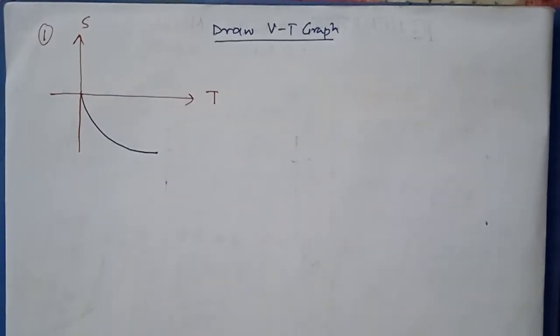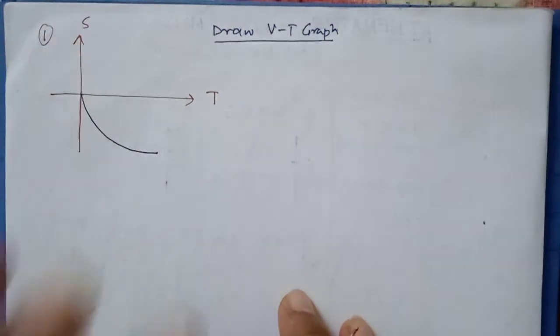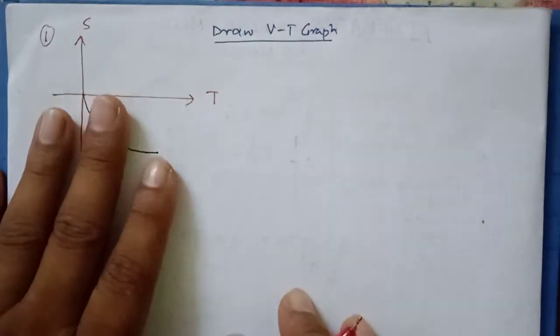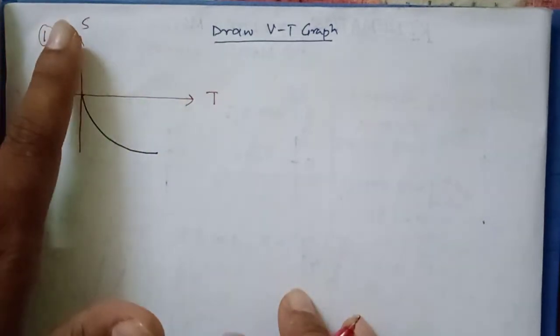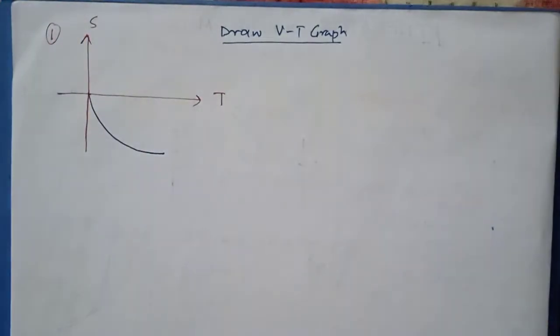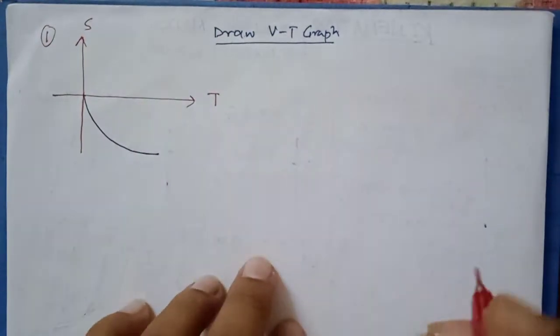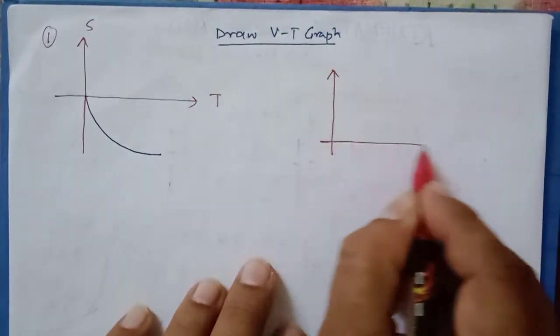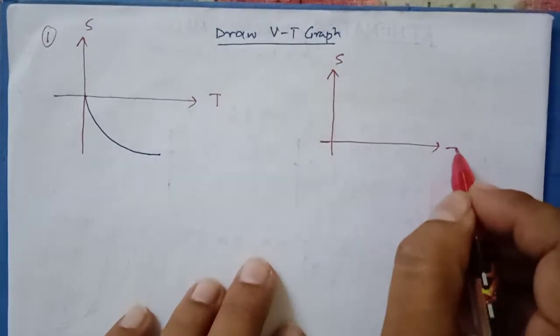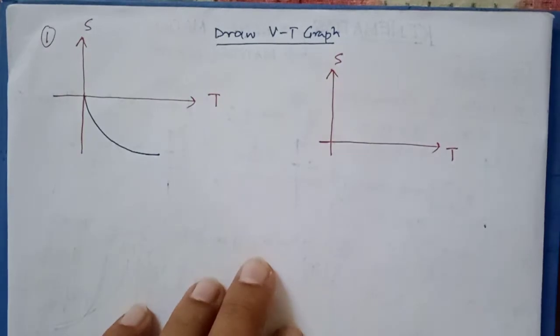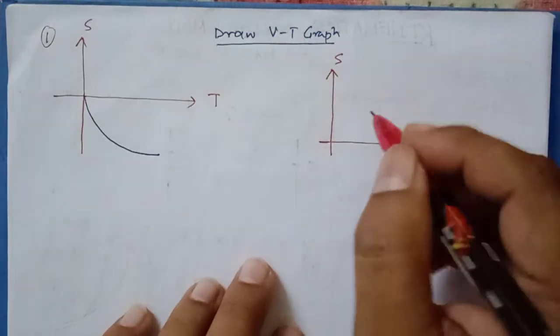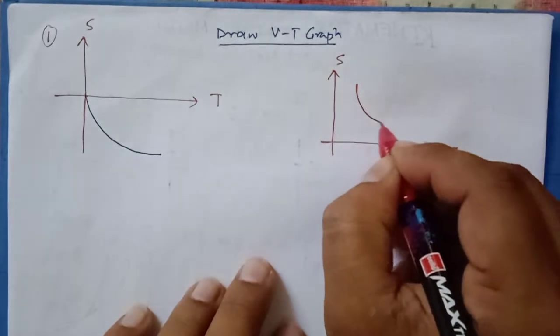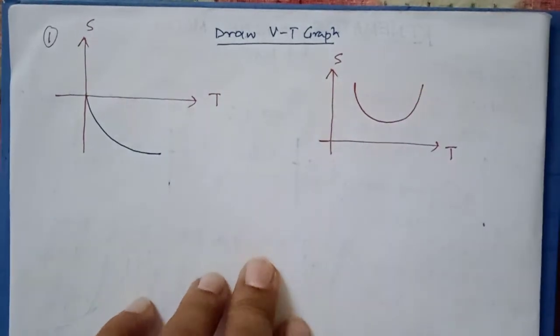Before we try this problem, first of all, I will tell you, suppose think of two graphs. Suppose in the ST graph there are two cases. If the graph is concave up, there are two cases.